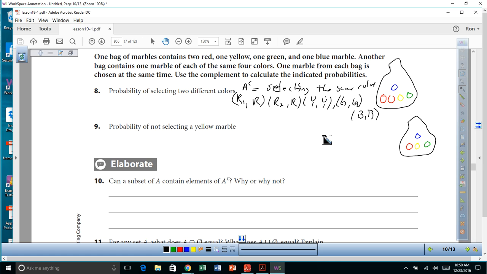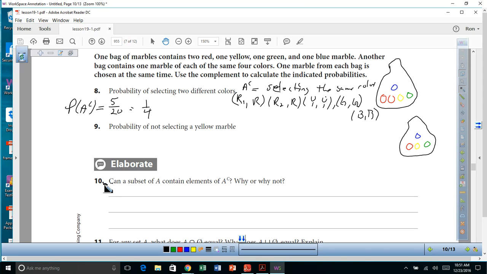Okay. So the probability of A complement would be 1, 2, 3, 4, 5. That's 5 over 20, which is 1/4, right?